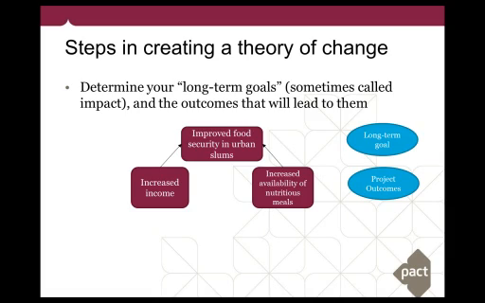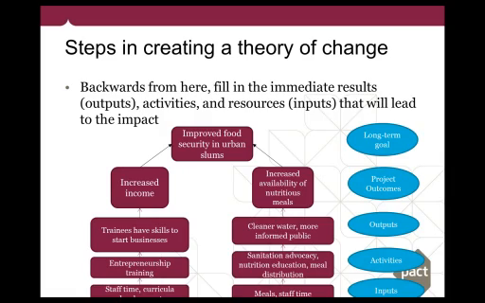They might be increased income on the one hand, so people are better able to purchase food. And then it might also be the increased availability of nutritious meals. So you might have one or more different interventions that lead to these project outcomes and then eventually to your long-term goal.